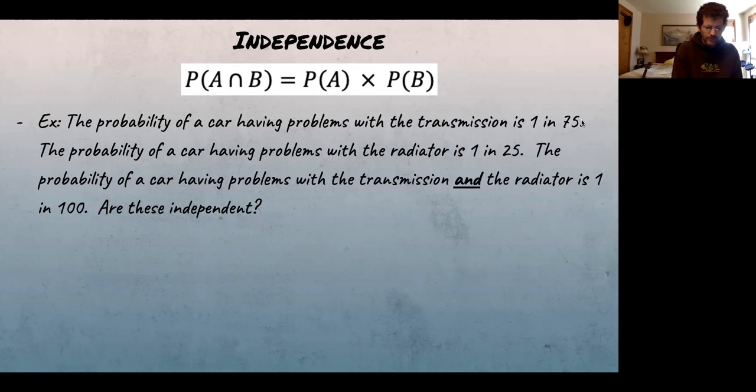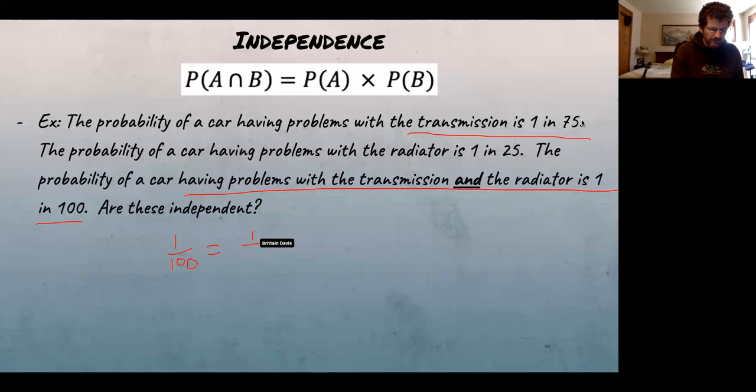So again, we can just plug this in. I've got both happening as a 1 in 100 probability. You could convert this to decimals or percents or whatever you want. Transmission, I'll call this event A, is a 1 in 75 chance. Radiator is a 1 in 25. I'll call that B. So basically, I want to multiply these together.